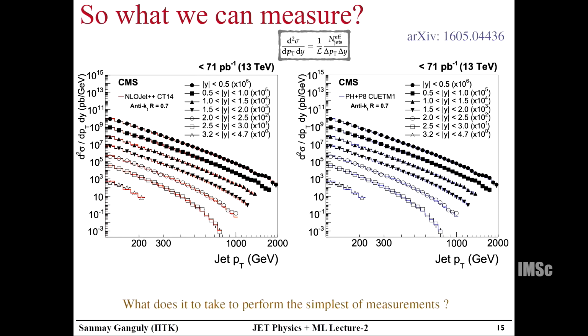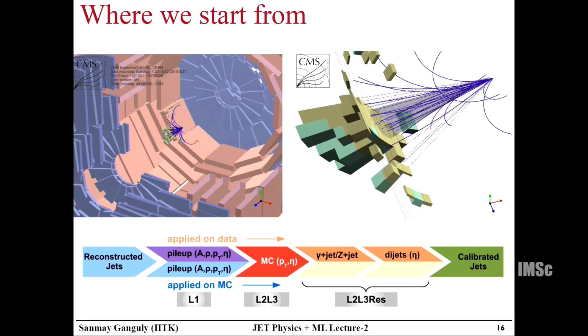But what does it take to even perform the simplest measurements? I just said we have a prescription to reconstruct jets, there are jets, and I just computed the cross section. Life is not so easy. Even to get this plot, you have to do a hell of a lot of tasks. Once you measure energy deposits in the lab, let's say this is one jet, this is the kind of thing you actually see.